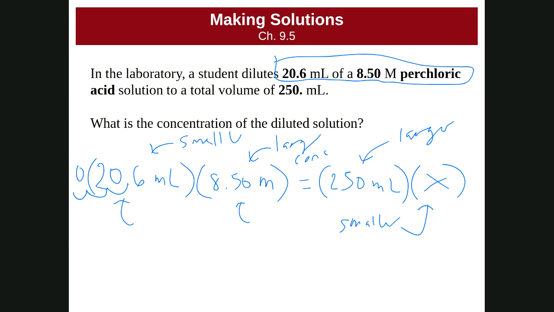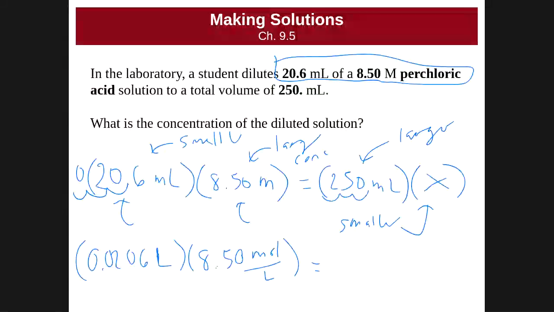So 0.0206 liters times 8.5 moles per liter is going to be equal to 0.25 liters times X, our unknown concentration. So you want to multiply these two, and then I would divide both sides by 0.25 liters to get X by itself.